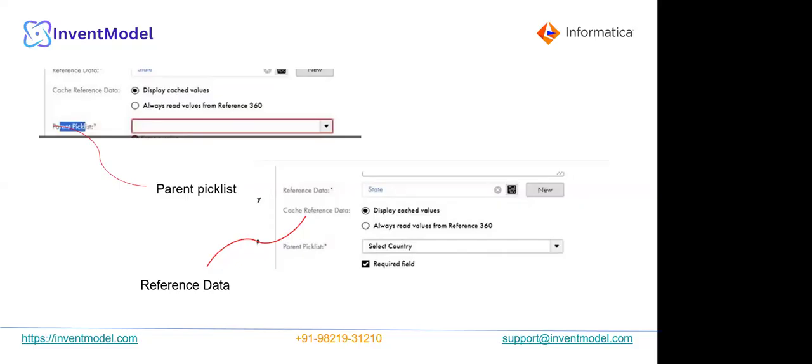Suppose if we want to create our own, we can also create new reference data. We can click on the new option, and we can create many reference data. Okay, we can use it. Now move to the next slide.